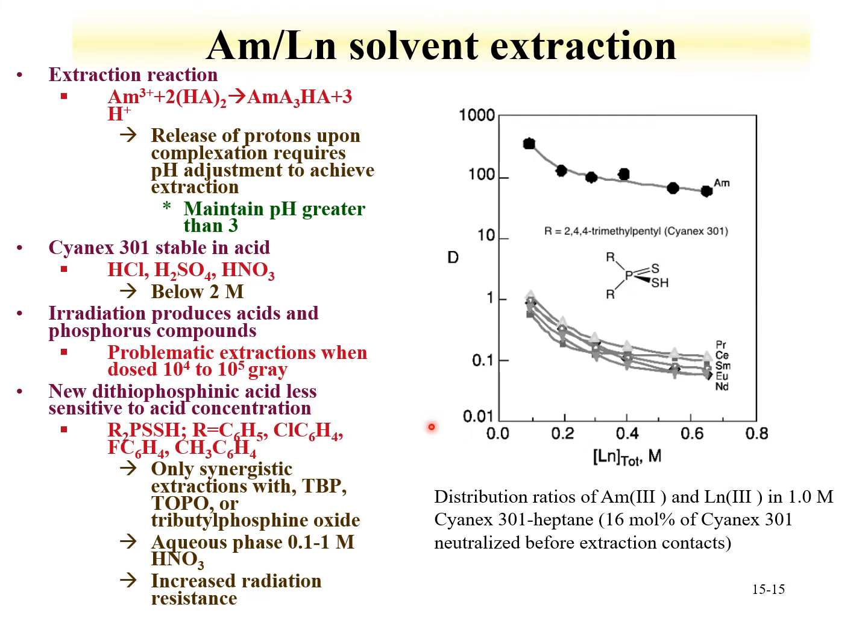And as an example shown here, there are distributions of the trivalent americium and the trivalent lanthanides in 1 molar Cyanex. That's around 16 mole percent of Cyanex 301 in heptane. So you can use this ligand to achieve selective separations, and it's driven by the soft donor properties of these ligands.